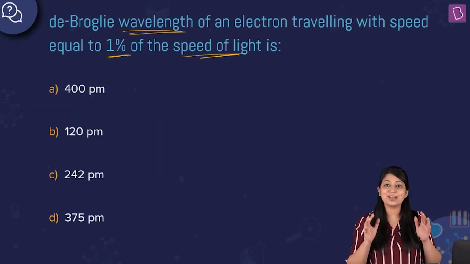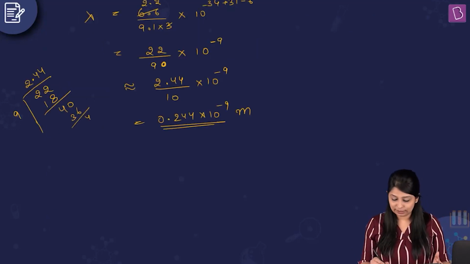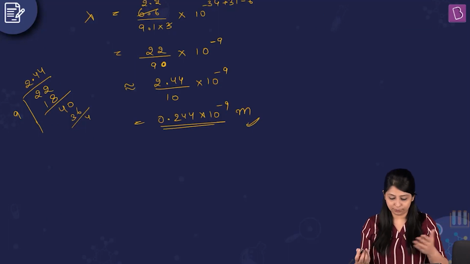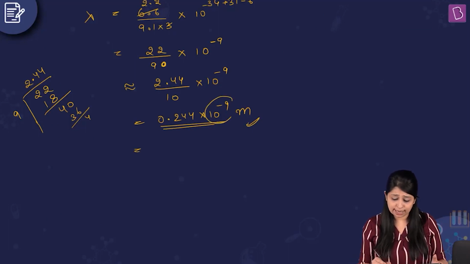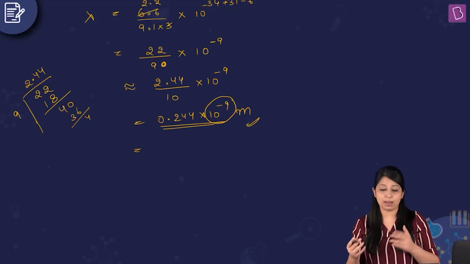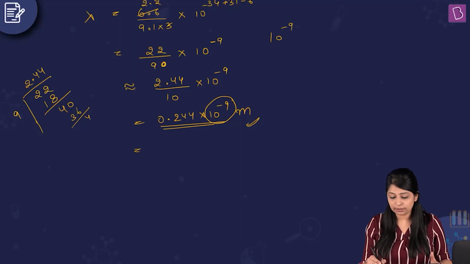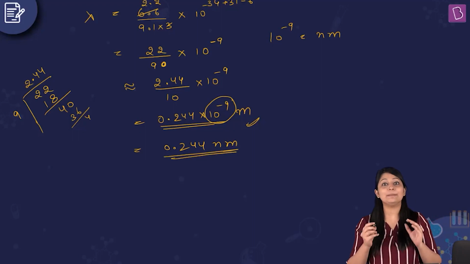Okay, so options given to us are in picometers. So let's convert this meter into picometer, which is very easy. How? We have to convert this 10 to the power minus 9 into 10 to the power minus 12. So 10 to the power minus 9 is nanometer. So right now what we have calculated is 0.244 nanometer. But the options given to us are in picometers.